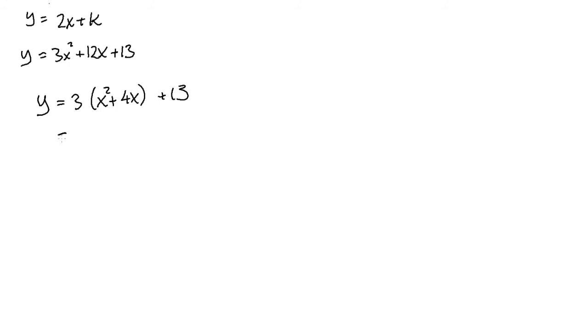Now you need to take half of the coefficient of x to get b, the value of b, where y is a(x plus b) squared plus c. This is the form they want.